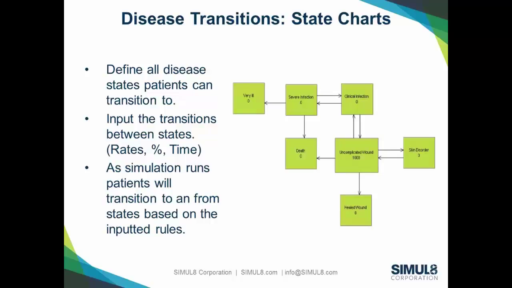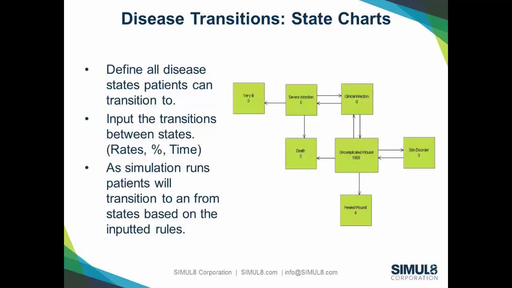So what we do then is we link the disease transition model to a discrete event simulation model, so that whilst you're in that clinical infection state, for example, you can go into a discrete event simulation model which models the types of treatments that you might get whilst you're there.